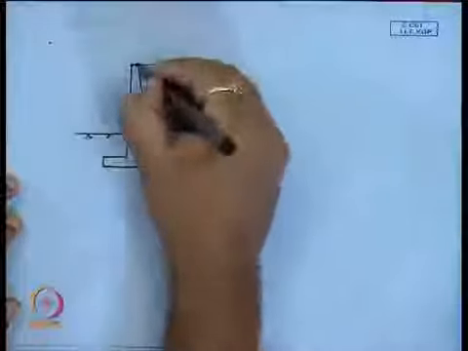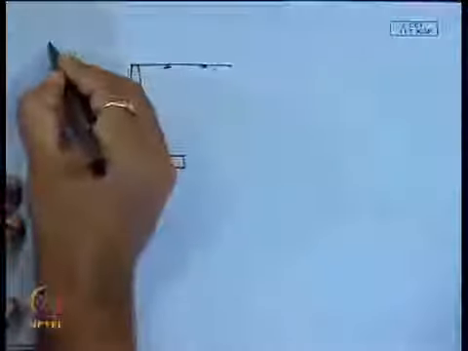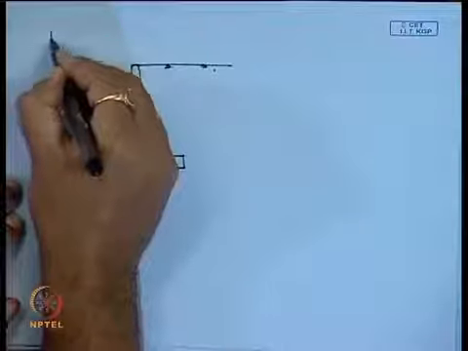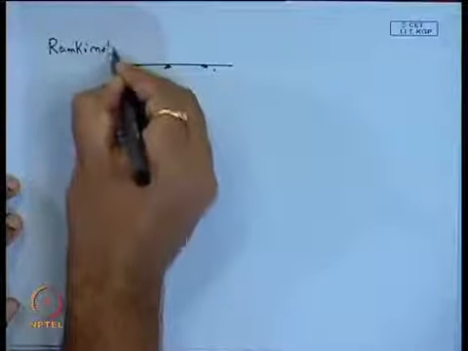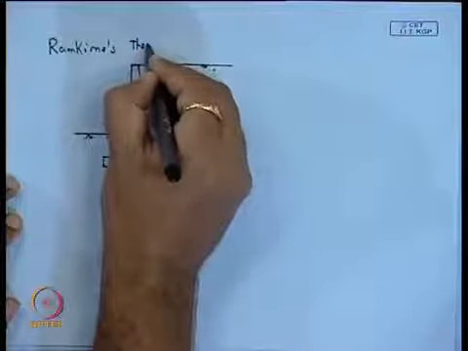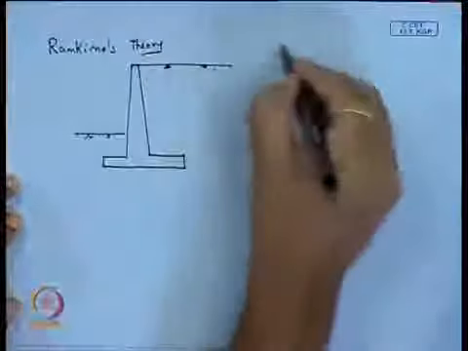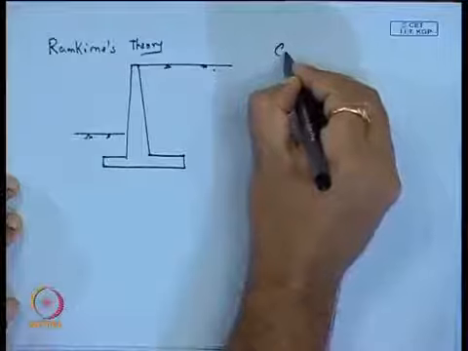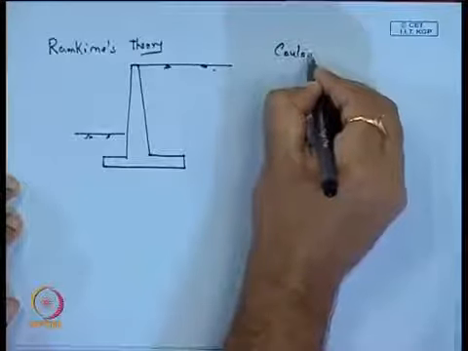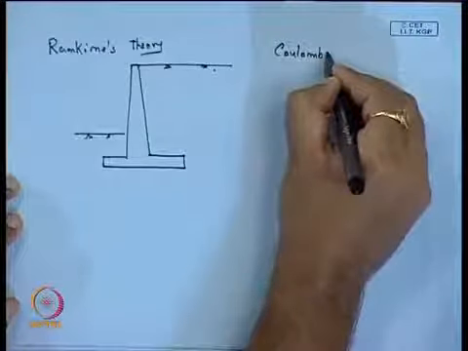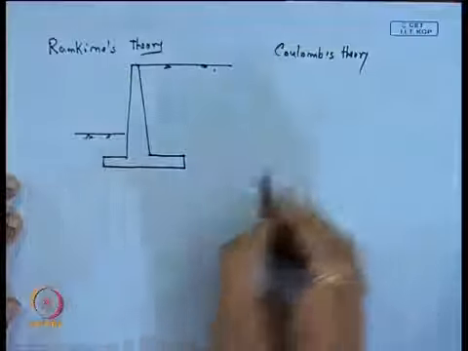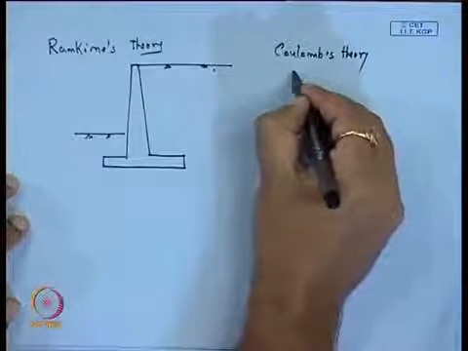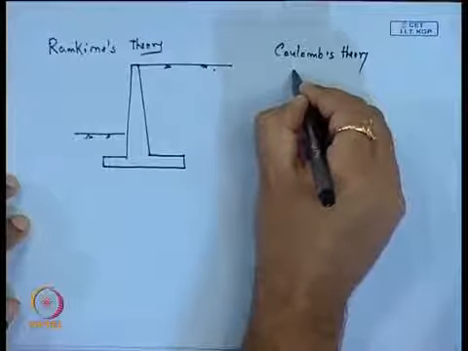In the first case, we use the Rankine theory, and next, if I use the Coulomb's theory, the same retaining wall.